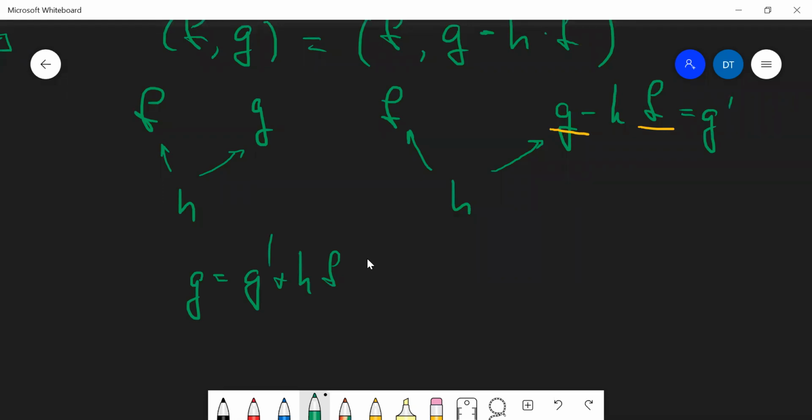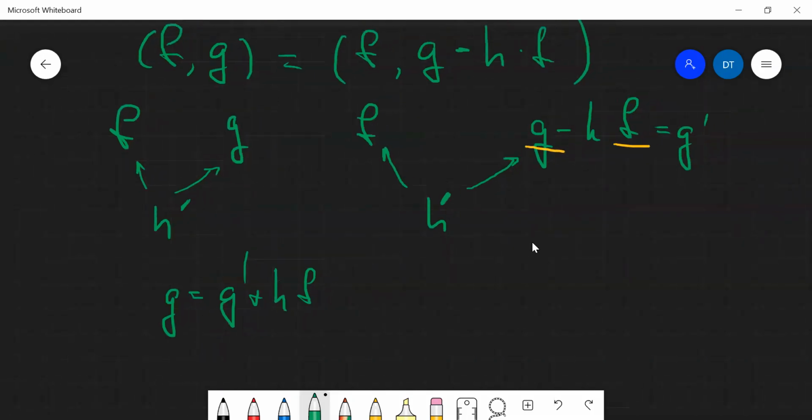I'm sorry, I just noticed that I used the same notation in two different situations. Let it be h prime. I'm sorry, so these h and these h are different polynomials. I'm sorry for the collision of the notation.